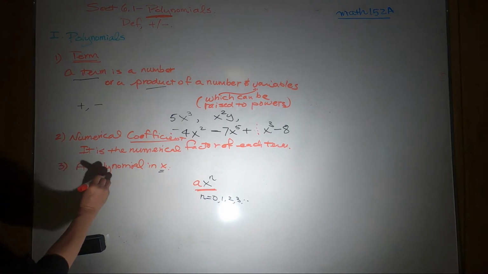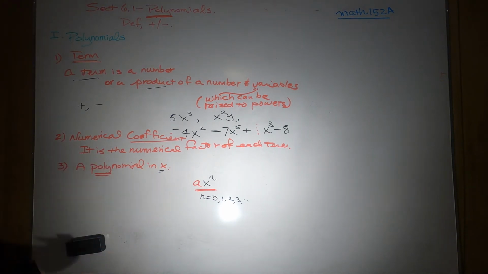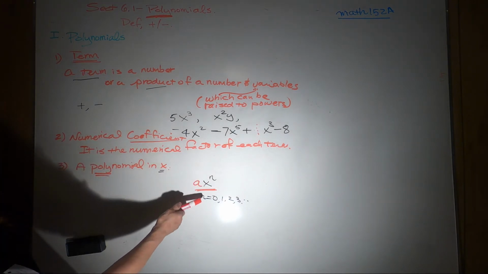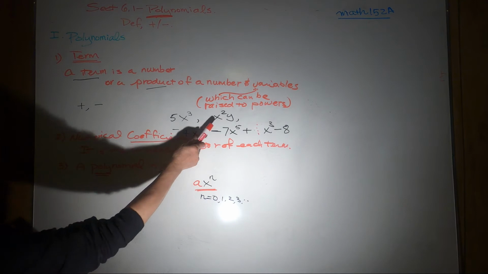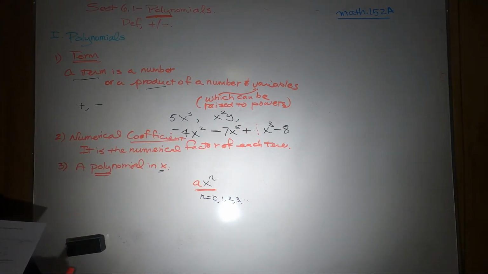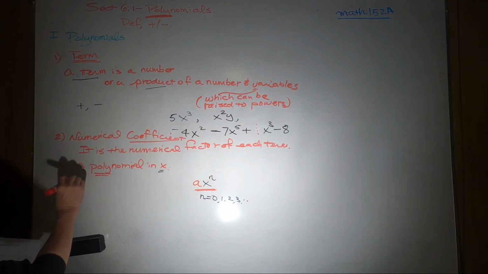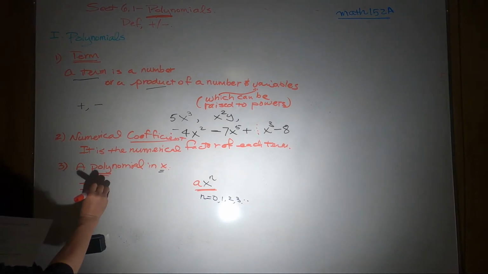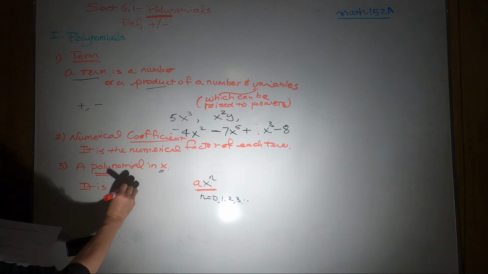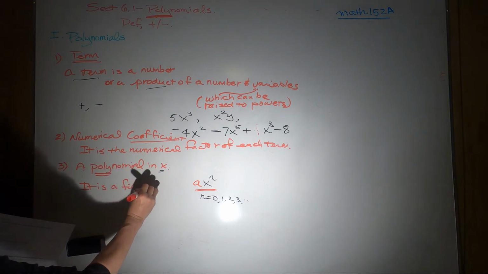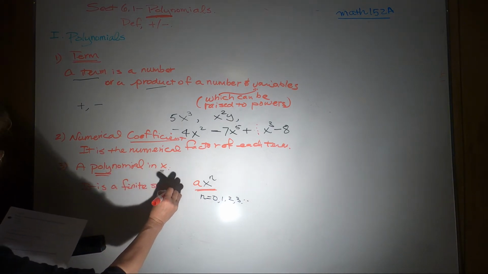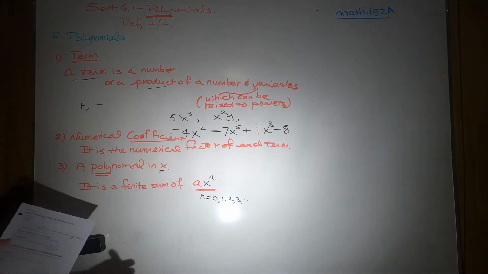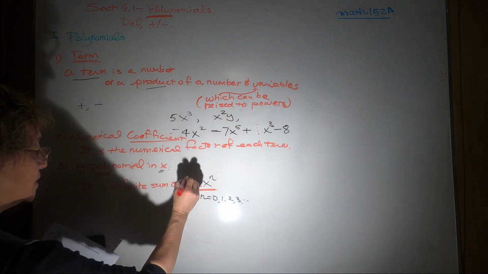Then we say poly means many of those, right? You have varieties of n, which can be different numbers, right? So we say a polynomial will be what? It is a, not forever, but a finite sum of terms, okay?